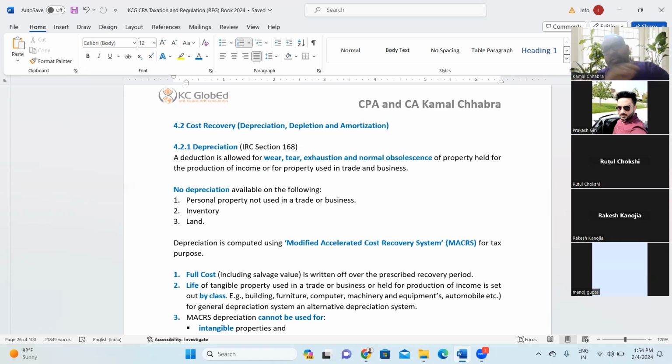These 4 sections are generally studied together. I have summarized them in a table, and I'll send you all these notes so you can go through them. If you have any questions, first in the next class we can discuss your doubts, and then we can start with 1231, 1245, 1250, and 291, right?